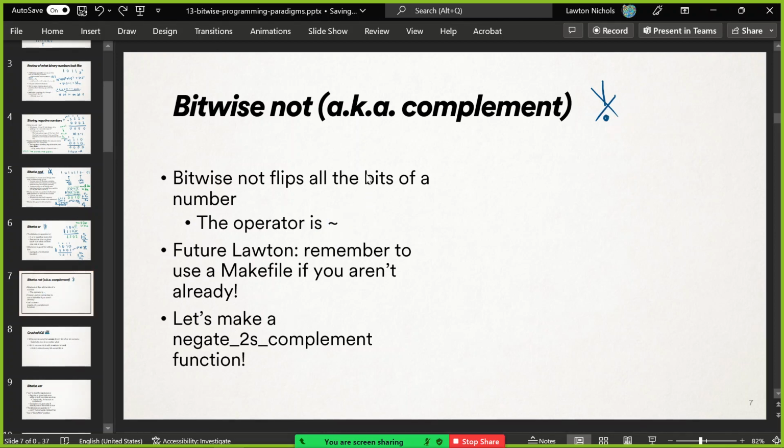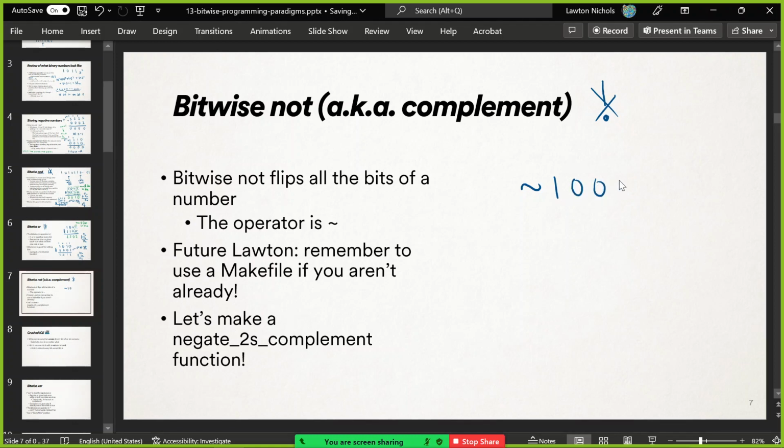The tilde character flips all the bits of a number, and that's what not does. It's working on each bit. What's it doing? It's negating every single bit. It flips them all. True becomes false. False becomes true. So for example, and this is not a binary operator for once, in the sense that it takes two things. This just takes one number. It's a unary operator. But of course it works on the binary form of a number.